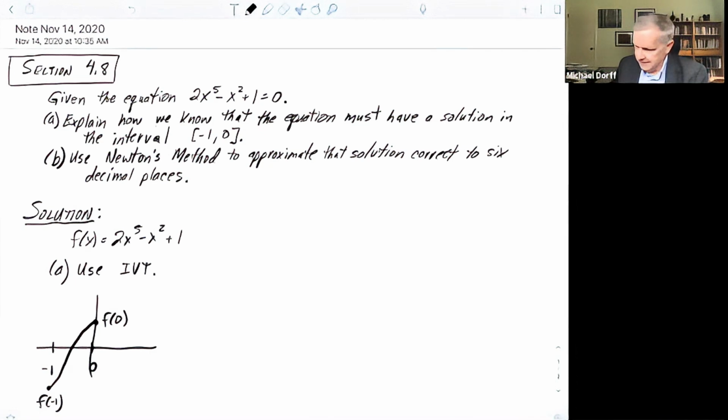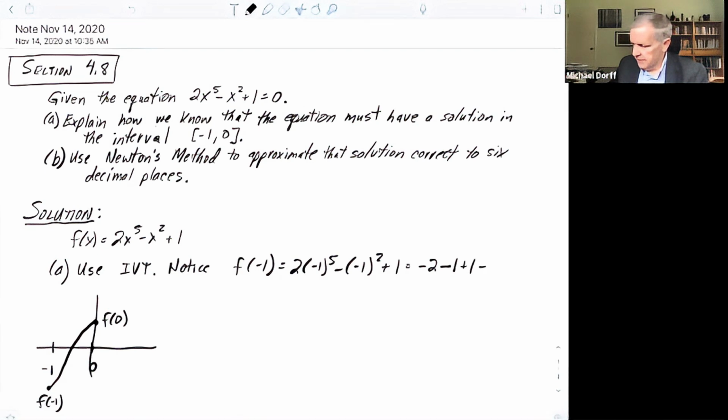All right, here are the details. So we notice that f(-1), if I put that in, I've got 2 times (-1)^5 minus (-1)^2 plus 1. So (-1)^5 is -1, so this is going to be 2 times -1, which would be -2. Then I have (-1)^2, which would be a positive 1, but then has a negative out front, so that'll be -1, and then plus 1, and that all equals -2, which is less than 0.